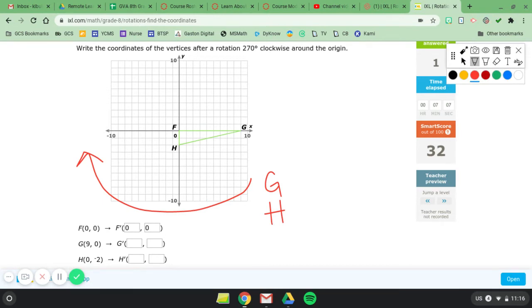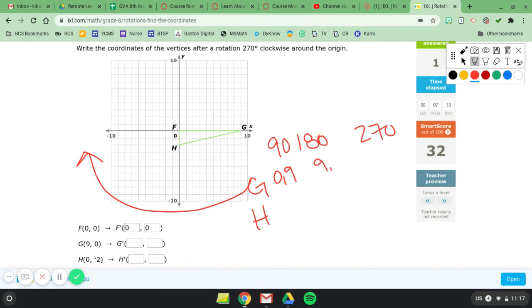So G is at 9, 0. I'm going to move these over a little bit. So G after 90 degrees will be 0, 9.